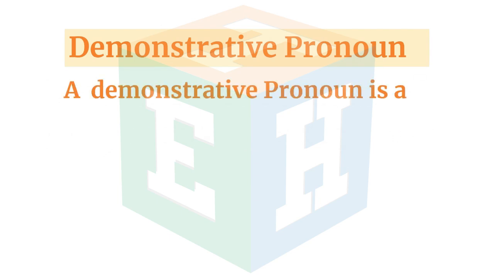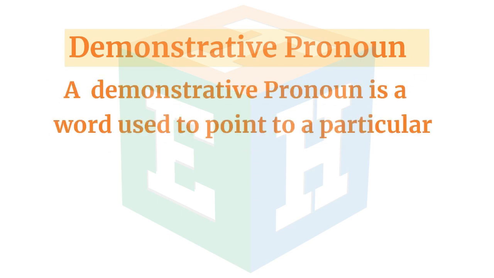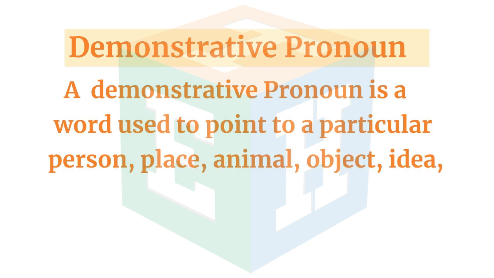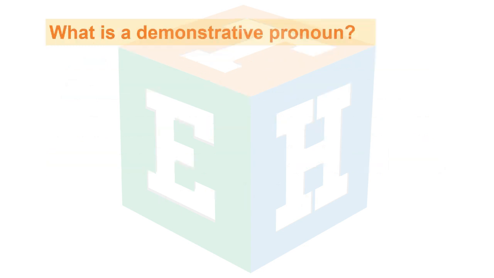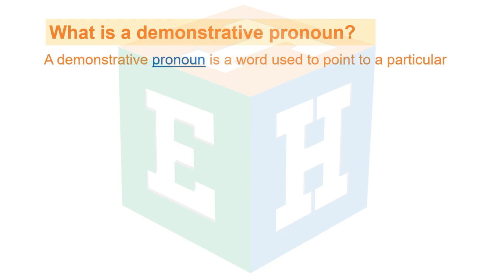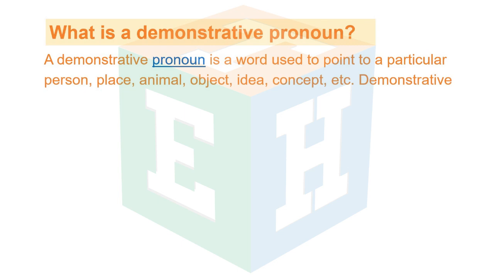Demonstrative pronoun. A demonstrative pronoun is a word used to point to a particular person, place, animal, object, idea, concept, and others.